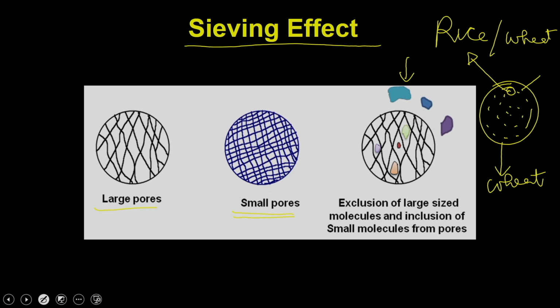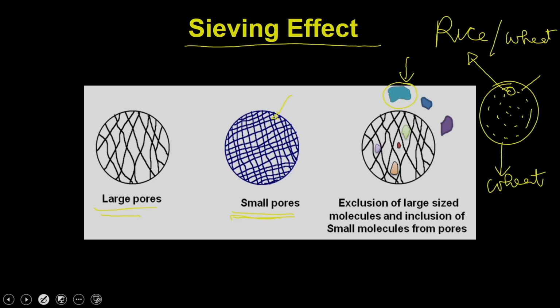Whereas in this case, when you take a bead containing large pores versus small pores, and pass proteins of different sizes through it, the small proteins enter the pores whereas the large proteins are excluded from the pores, and that is how you separate them.